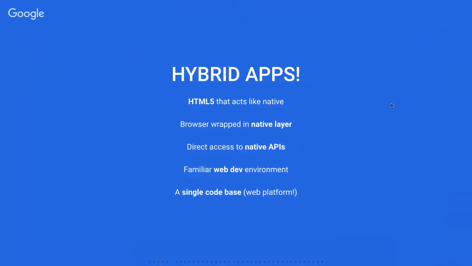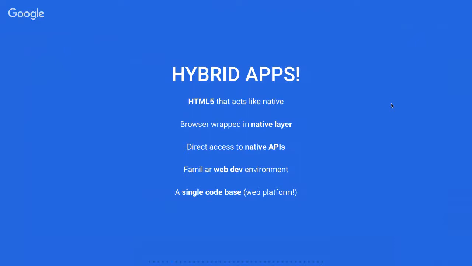So hybrid apps. The hybrid apps we're going to be discussing today, because there is a couple of different versions, is basically HTML5 in a browser in a native layer. It hooks through a web view to the native API, so that's your camera, your contacts, barcode scanners, as we've seen before.